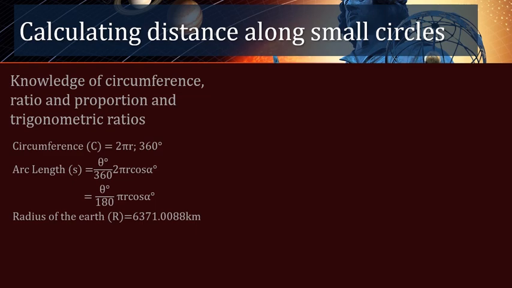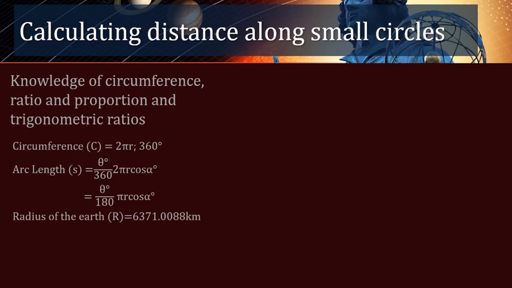The arc length, in this case the distance along the small circle, the latitude, is equal to θ degrees over 360 times 2πr cos α degrees, which simplifies to θ degrees over 180 times πr cos α degrees.